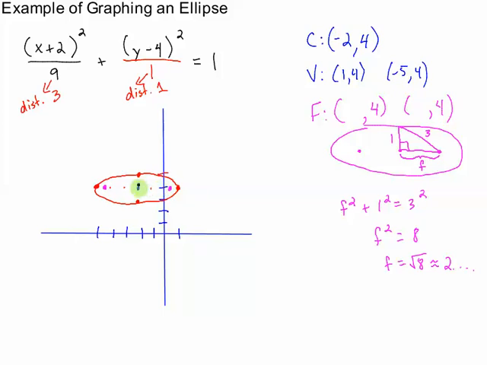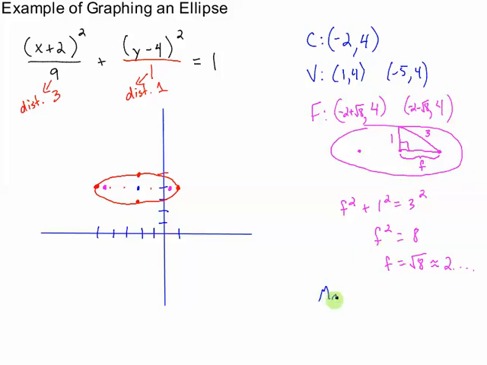So that x-coordinate would be -2, my starting point, plus the square root of 8 because I'm moving to the right. Similarly, this one, if I start from the center at -2, I have to go left the square root of 8 units. So I'd have to subtract the square root of 8 from -2. So my foci are at -2 plus the square root of 8, 4, and -2 minus the square root of 8, 4.